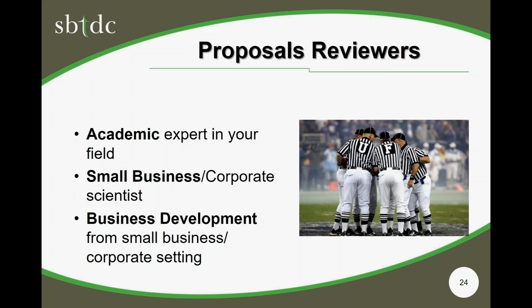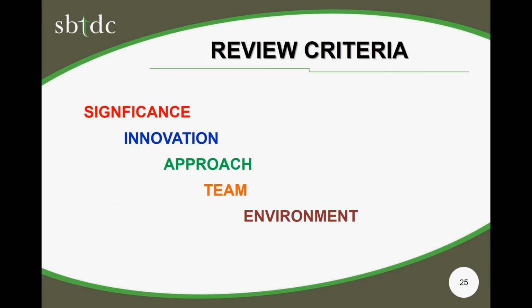And where they run out of money, and the proposal scores that align with where they run out of money, is called the pay line. So scores that are below the pay line are funded. Those that are above the pay line are not. So just to let you know, pay line is kind of the cutoff terminology.